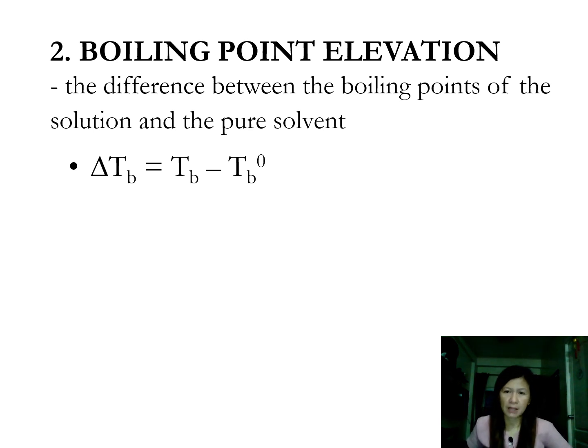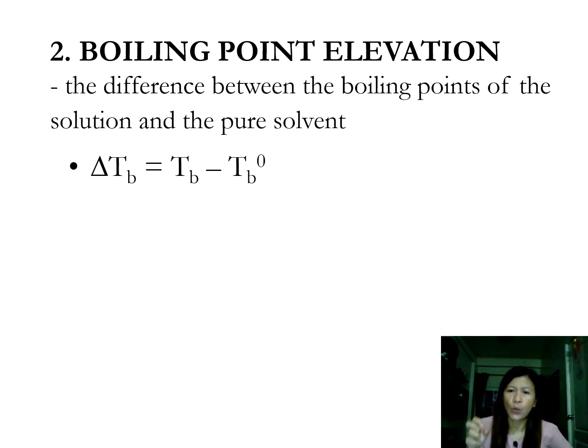So here we expect that the boiling point of the solution is higher than the boiling point of the pure solvent. You have to take note that when a solute is dissolved in a pure substance, the boiling point is always greater than the boiling point of the pure solvent. As I mentioned earlier, the small number of particles escaping to become vapor from a solution lowers vapor pressure.